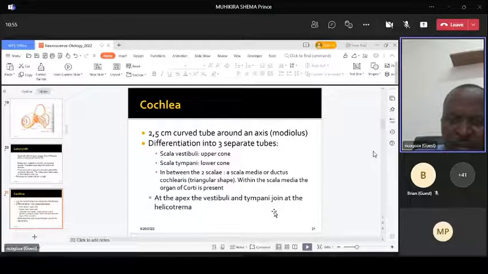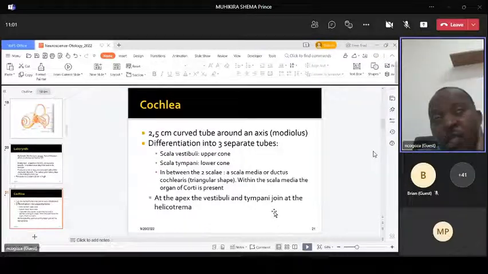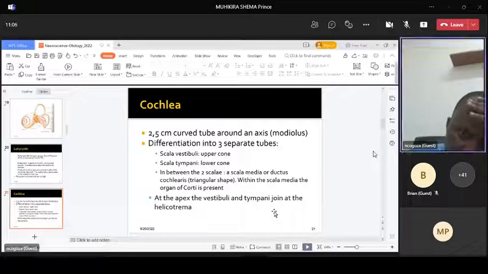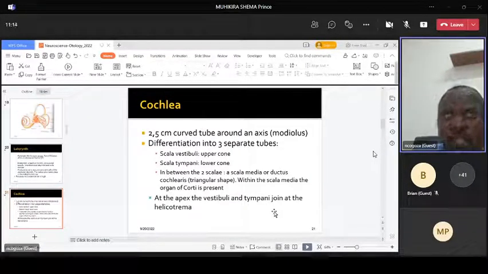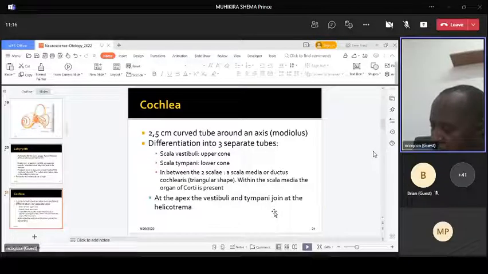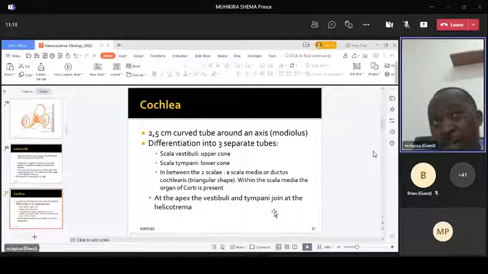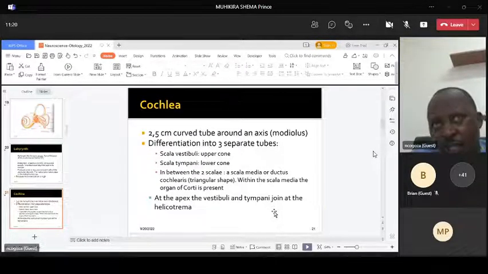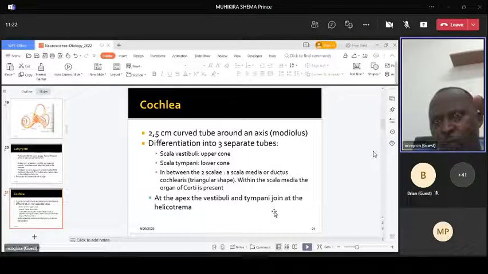And the scala media is the one containing the hearing system, the hair cells, and the hair cells are the ones translating the mechanical energy from the sound collected by the pinna and sent to the tympanic membrane through the canal.